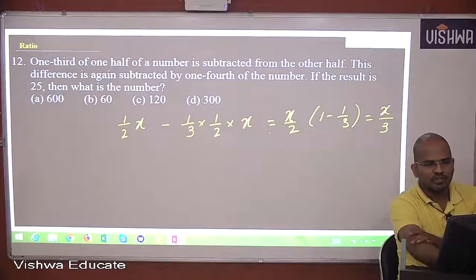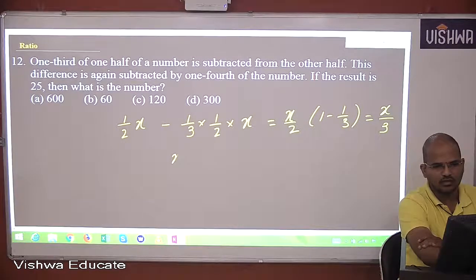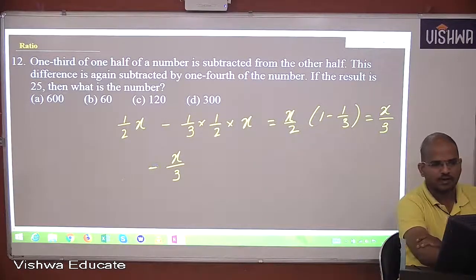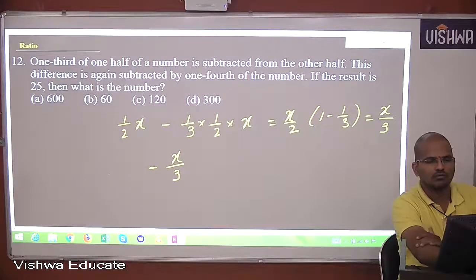Now this difference is again subtracted from 1/4 of the number. If the result is 25, what is the number?